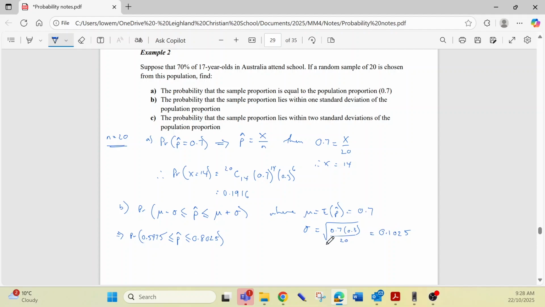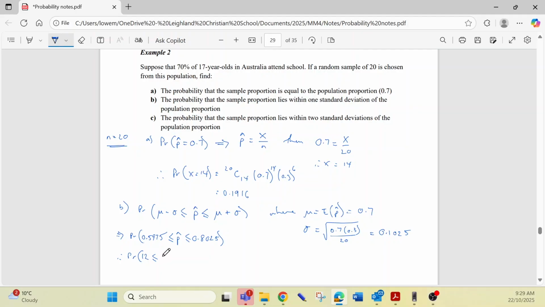So the probability of that. Now what we need to do, like we've done here, is relate these values for p hat to actual x values. By multiplying these values by 20 to find our x value, it's actually going to be 12, rounded, it's 11 point something or other.